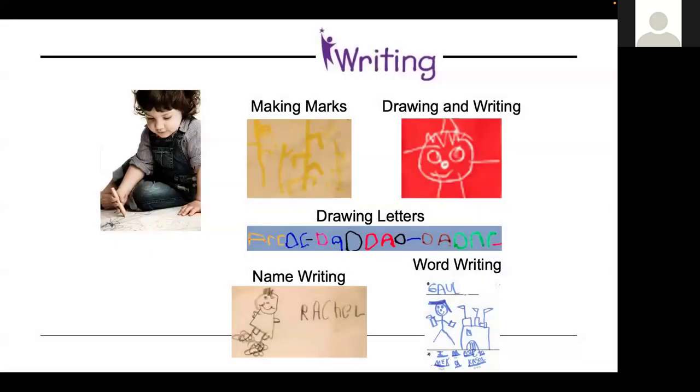So, this slide shows the development of writing. And as children scribble and draw, they practice eye-hand coordination and exercise the muscles in their fingers and hands. And this helps them develop the fine motor skill control that they're going to need to write letters and words.